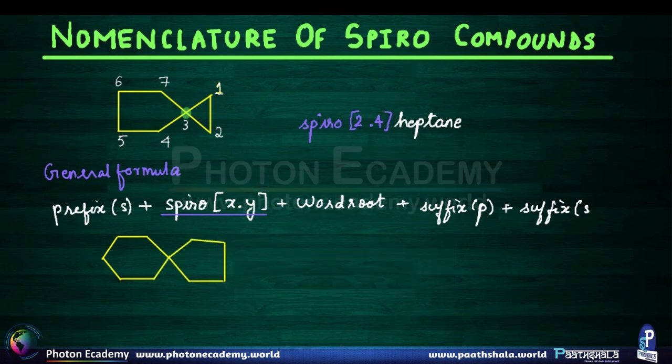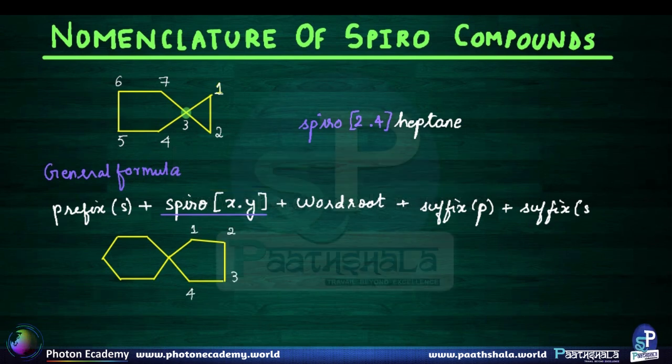This is also a Spiro compound because there are two chains having one carbon atom in common. The first step, as usual, is to number the chain. The numbering will be done in this way: 1, 2, 3, 4, 5, 6, 7, 8 and 9.